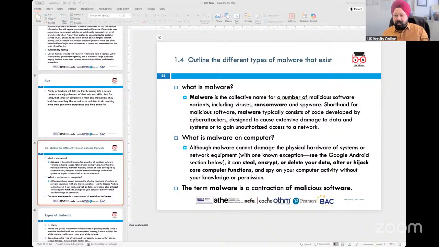It is a program or code designed to harm, exploit, or gain unauthorized access to computer systems, networks, or devices. That is what malware is. It is a short piece of code which is executed in the background without you knowing about it. Once executed, it provides access to your device, network, or system to a third party without you knowing it.